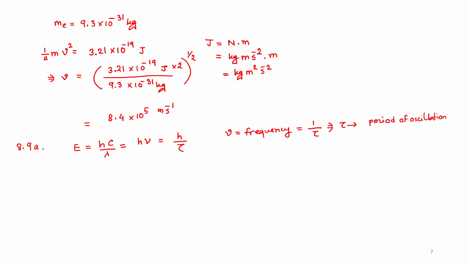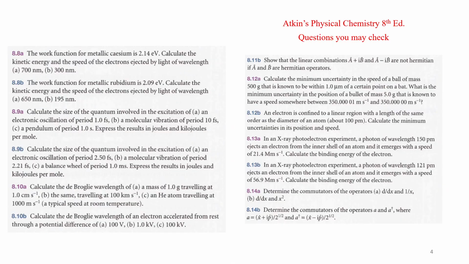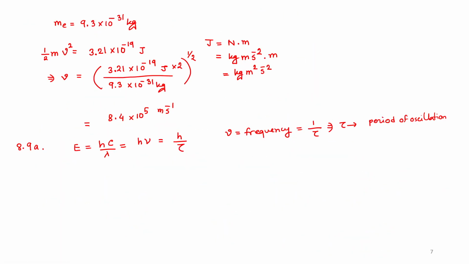Now tau is given. For the first problem, the electronic oscillation, the period is 1 femtosecond. So how much will be the energy? In case of the electron, tau is 1 femtosecond, that is 10 to the power minus 15 seconds.